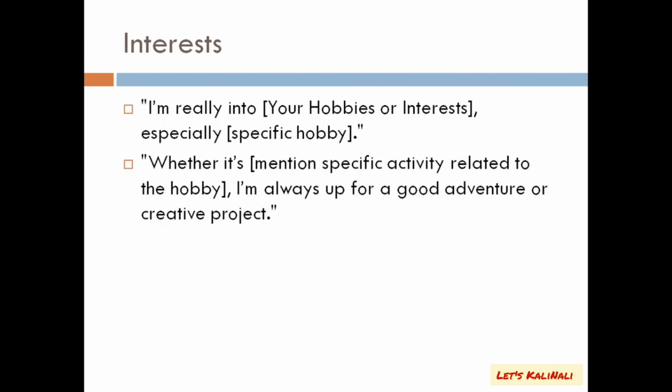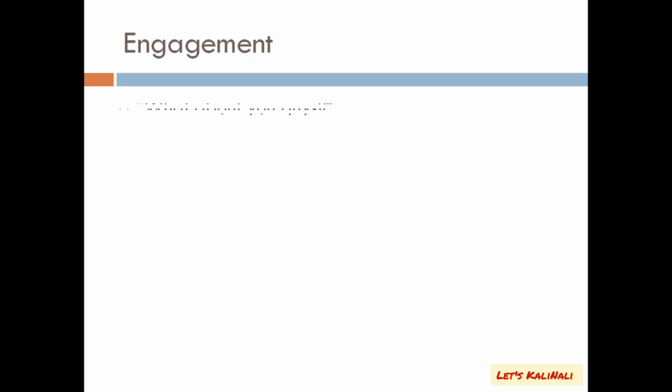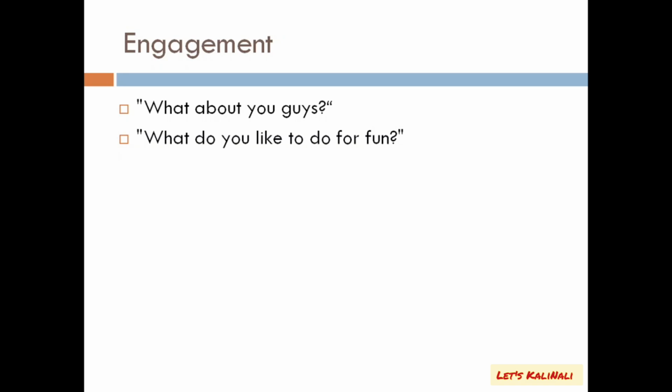And then you need to mention whatever your interests and hobbies are. If there is any specific hobby that you need to mention, and whatever activities you do, or if there is any everyday routine, that also you need to mention. Whatever adventure you like, you dislike, those things you need to mention.